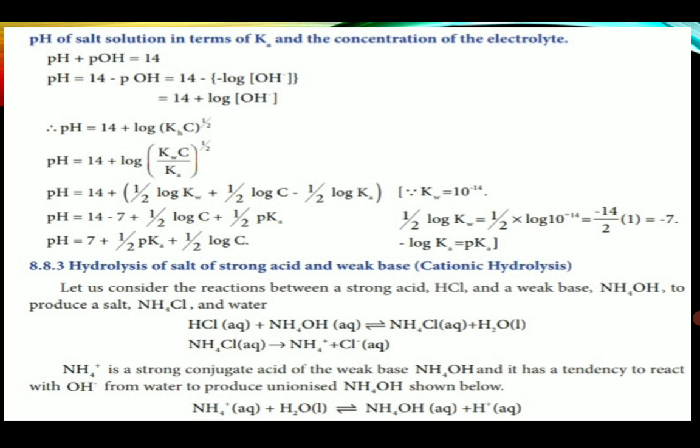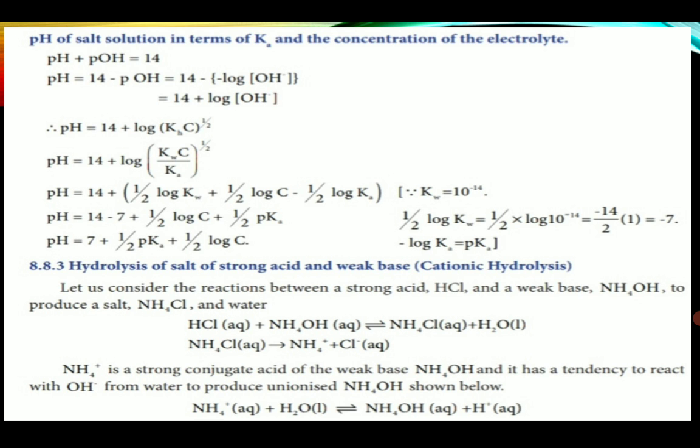If you substitute all these values, pH is equal to 14 plus, using the power rule, the half of the power will be multiplied before. Therefore half into log Kw plus half into log C minus half into log Ka. Using the power rule, for 10 power minus 14, the minus 14 becomes the coefficient.